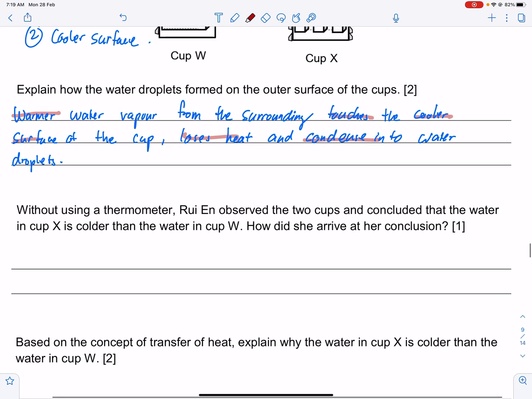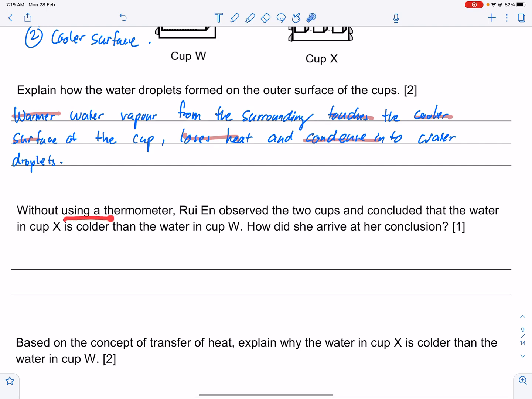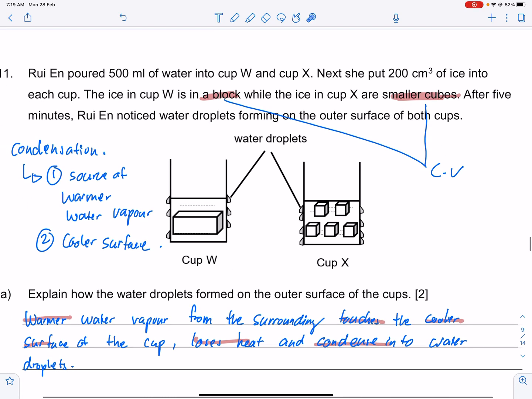Alright, next. Without using a thermometer, Ray En observed the two cups and concluded that the water in cup X is colder than the water in cup W. How did she arrive at her conclusion? Remember, these are your two change variables. One is a block and one is smaller ice cubes.